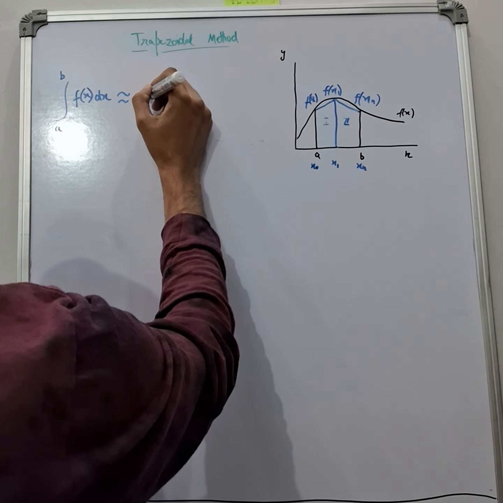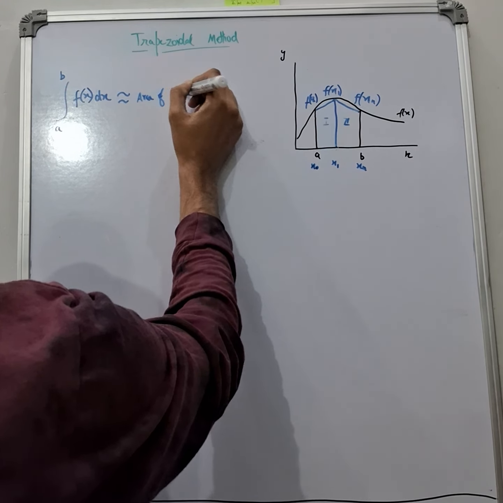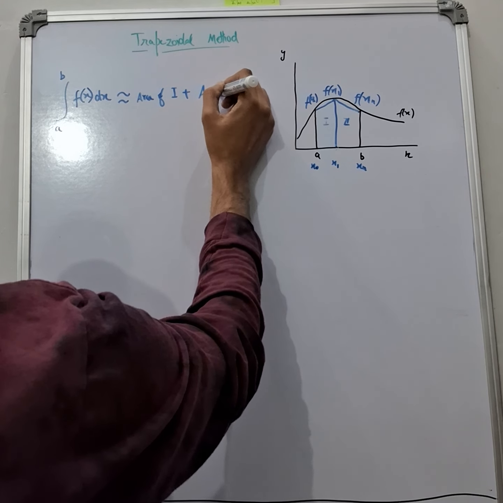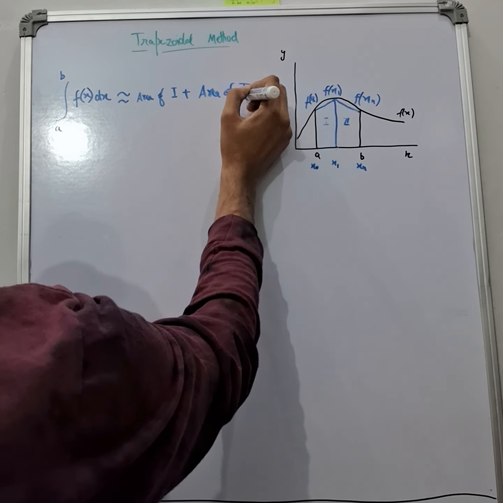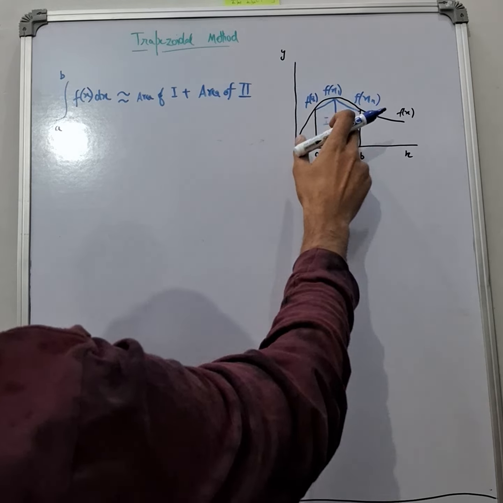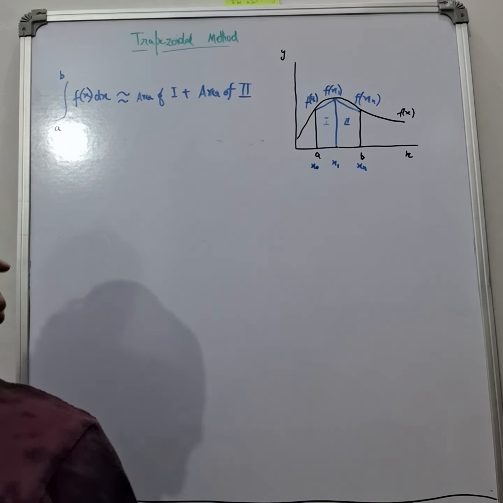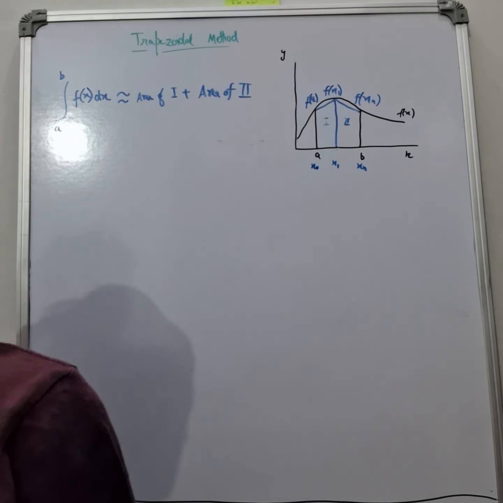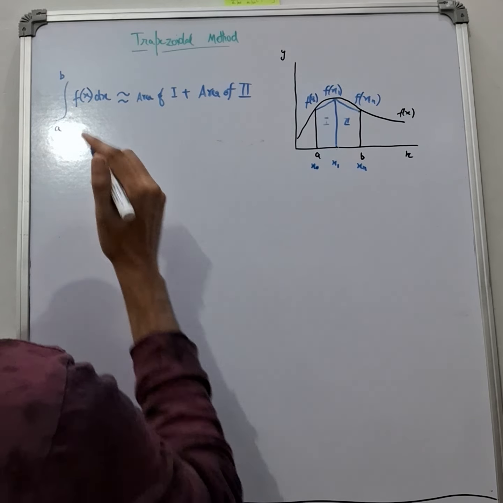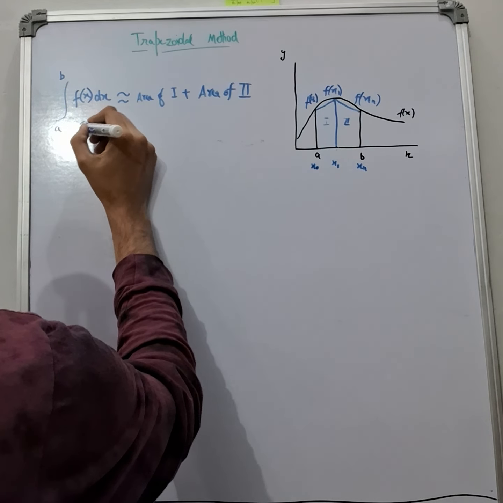So the area of I1 plus the area of this second trapezoid. Now let's think about the areas of these trapezoids.